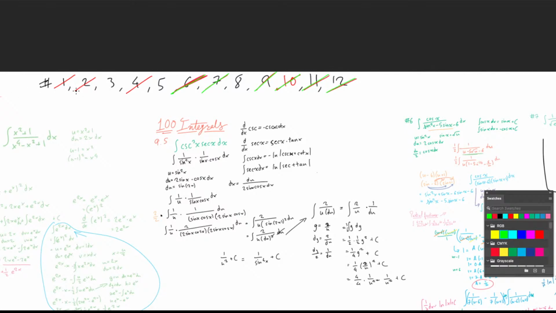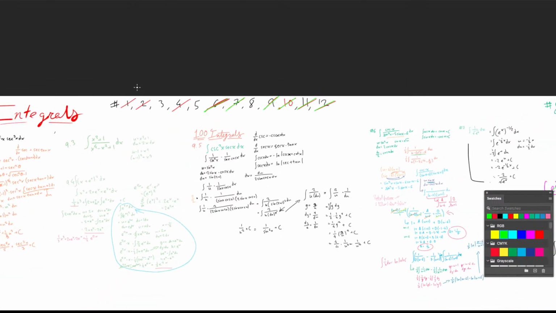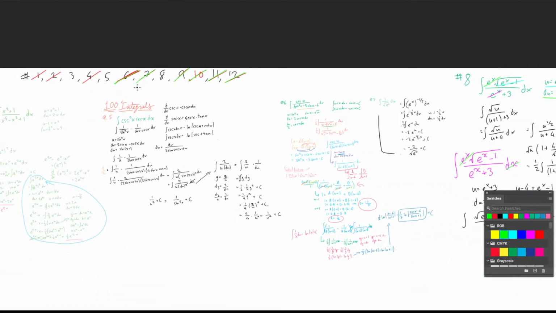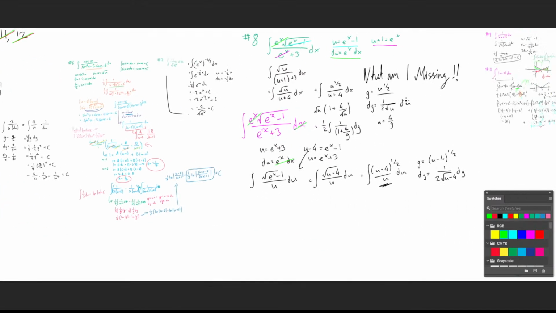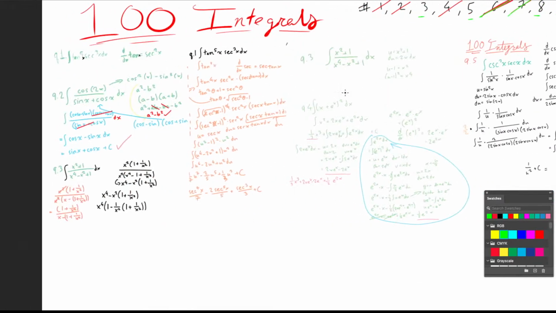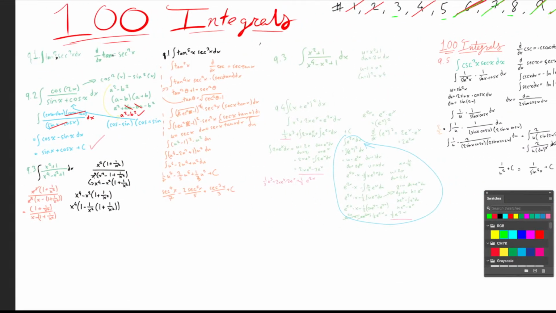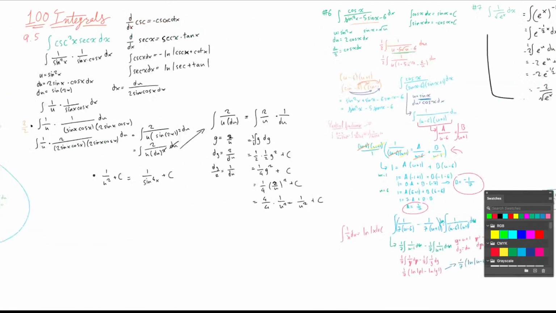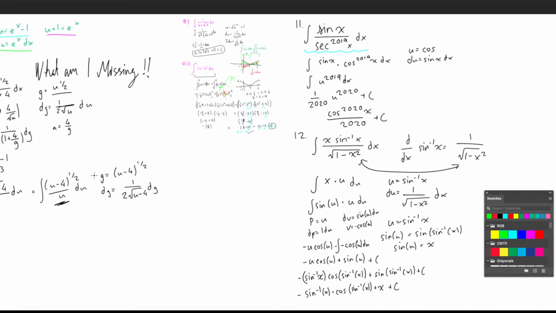Yesterday we finished 1, 2, 4. We're making progress. How many have we skipped? 3, 5, and 8. So 8 we don't understand. 5 I don't want to go back to right now. And 3 I still don't know how to do. So that will be all for today.